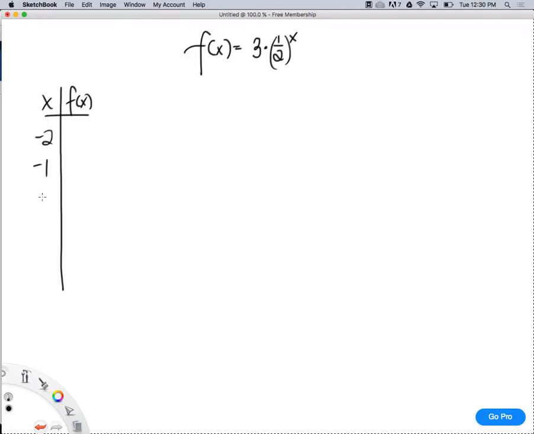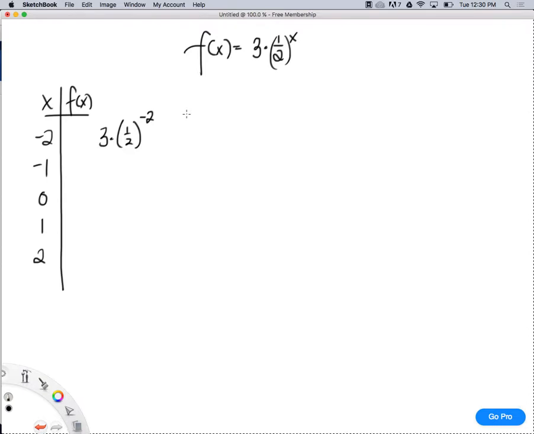Well, I do the same thing. Starting with negative 2 is 3 times 1/2 to the negative 2.